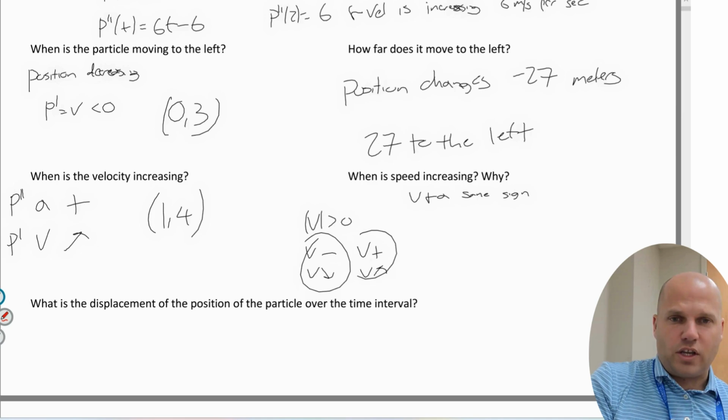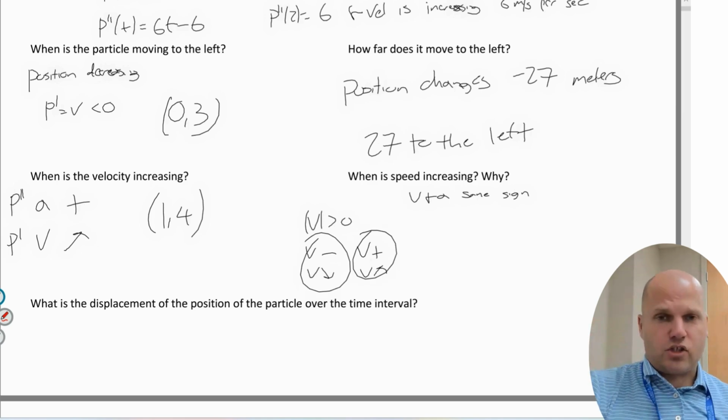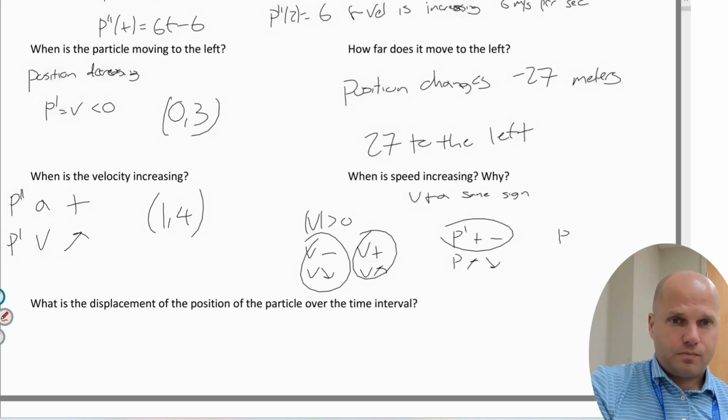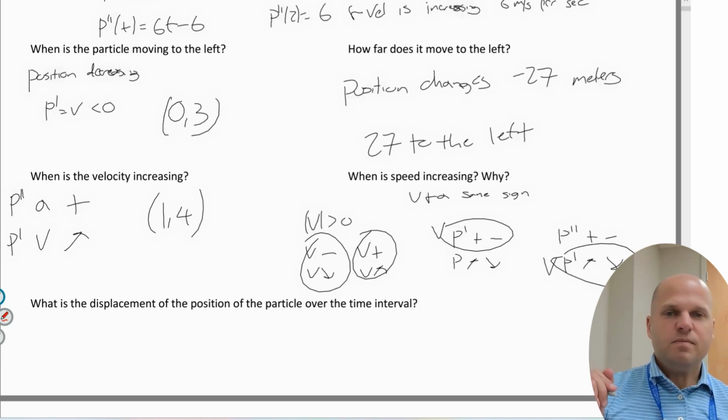This comes from looking at your first and second derivative analysis. Remember, P prime positive or negative tells me when P is increasing or decreasing. That's this part. P double prime positive or negative tells us about P prime increasing or decreasing. That becomes this part. We will look at the first derivative analysis and the second derivative analysis because this is V and this is V.